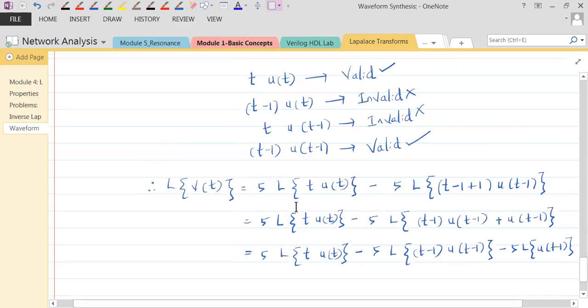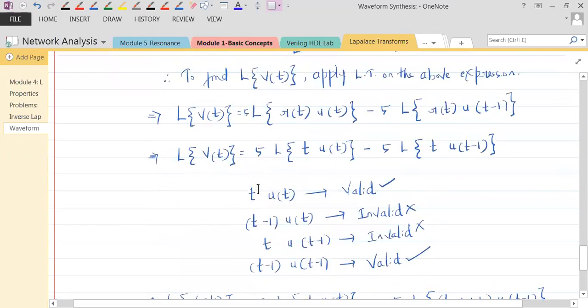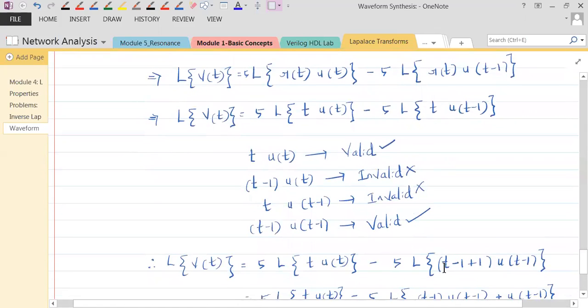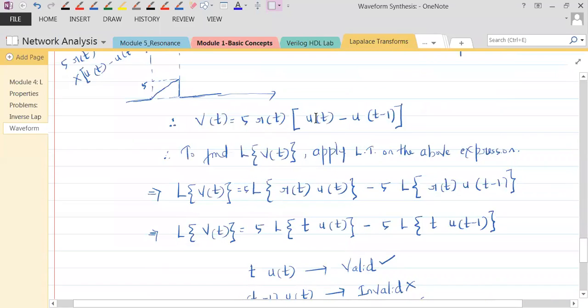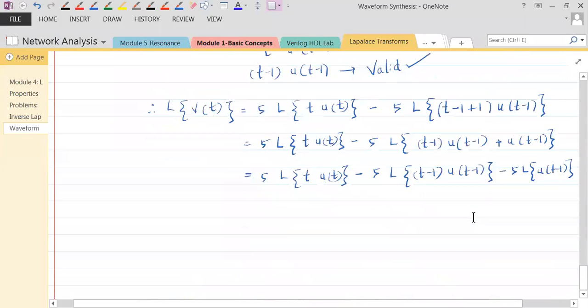I have already separated the scalar out. Instead, you can rather multiply these two, bring it to this form, and then apply the Laplace transform. It's one and the same. So what happened is, instead of bringing it to the required form and then applying the Laplace transform, initially itself I applied the Laplace transform and then tried getting this into the proper form. It's one and the same. You can do it the way you want.